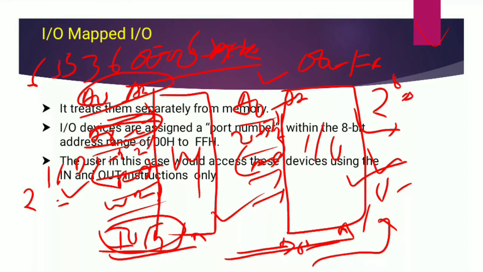IN and OUT instructions are used to activate the IO/M bar signal.